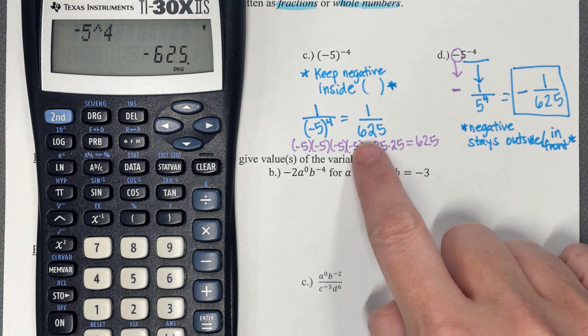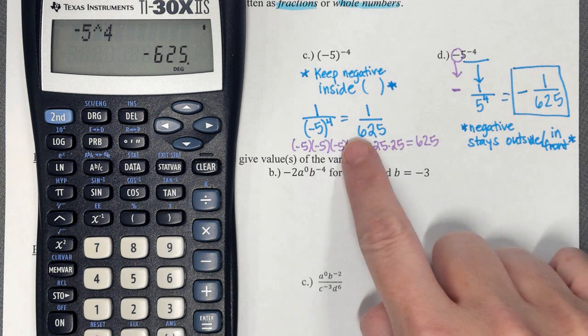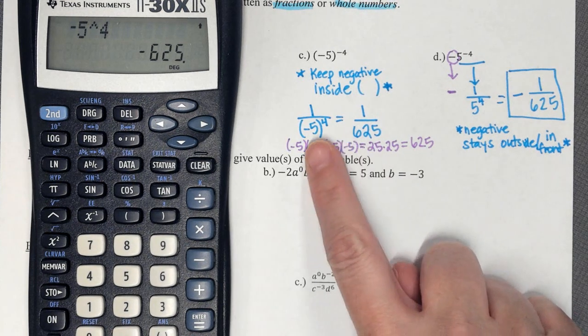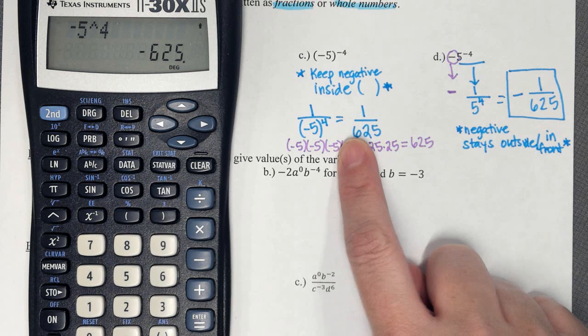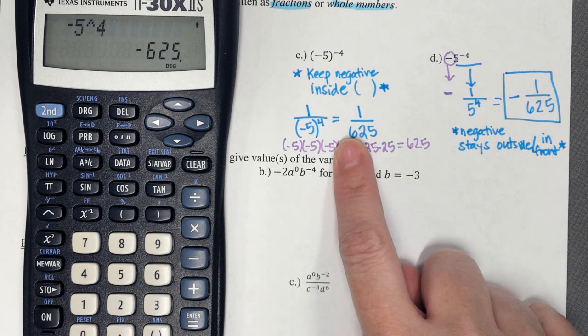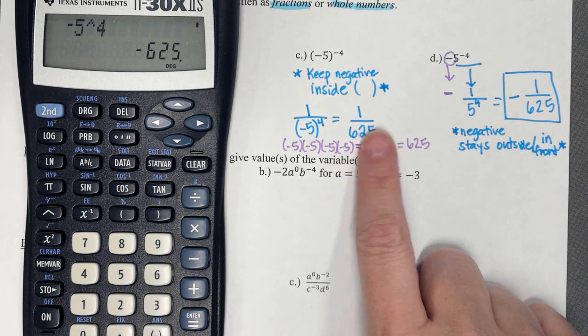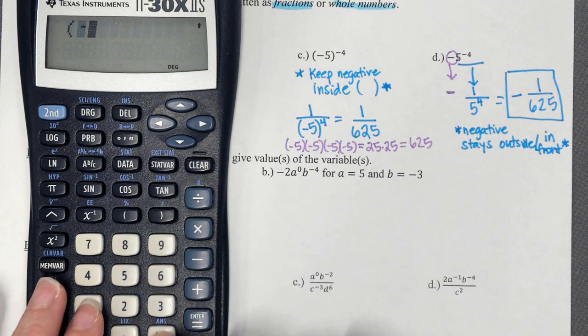I really do want you to understand how these are going to be written, because after we do this with numbers, we're going to do it with variables, and you won't be able to plug those in. But yes, you can. And another good way to check, like if this was on a multiple choice test that you had to take.